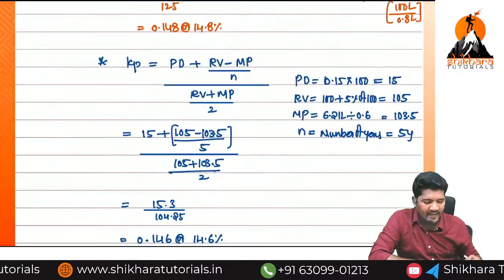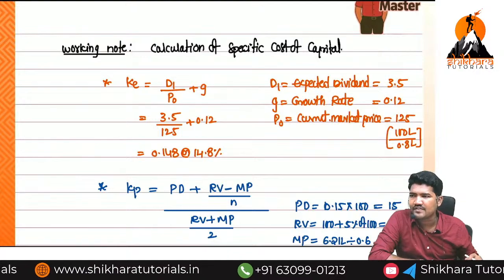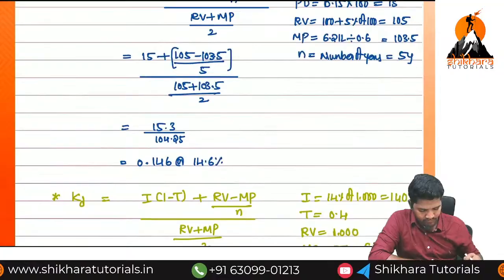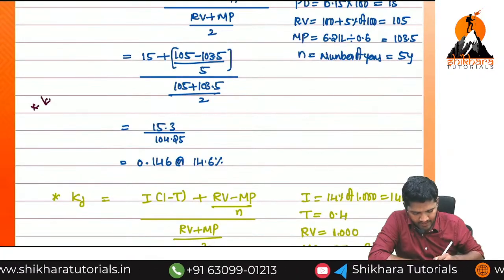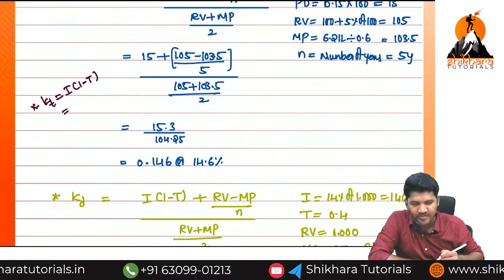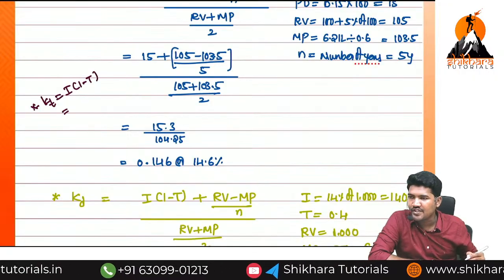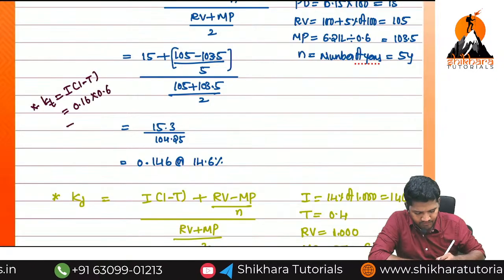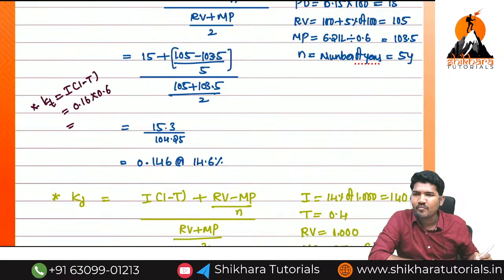How to calculate KT? Just interest into 1 minus tax. Now here KT equals interest into 1 minus tax. What's the interest percentage they gave? 16%. You can take 0.16 into 0.6, since 1 minus tax is 0.6 only.